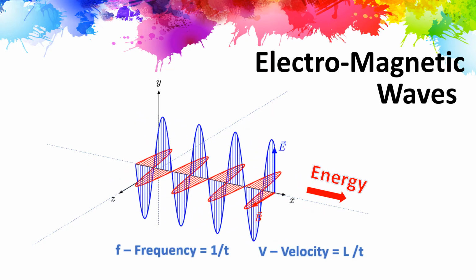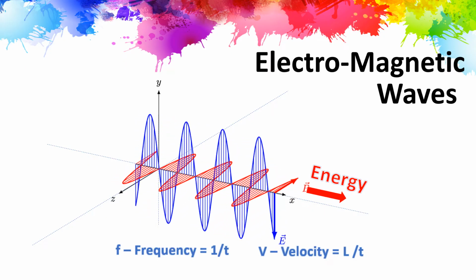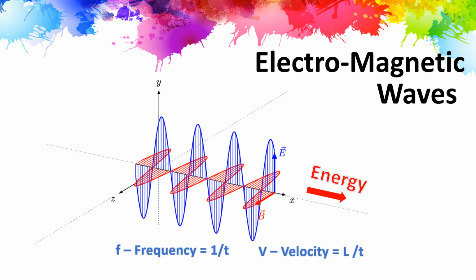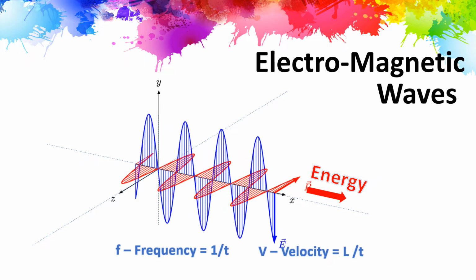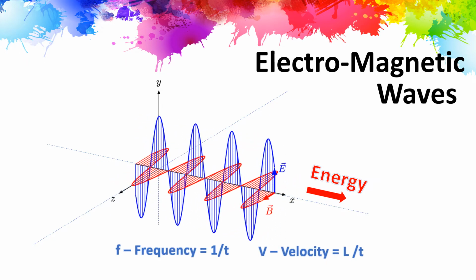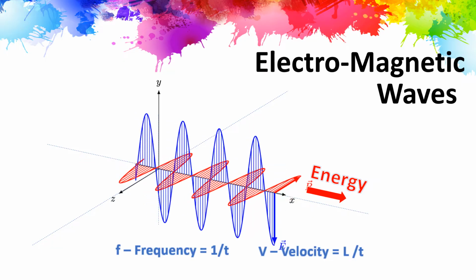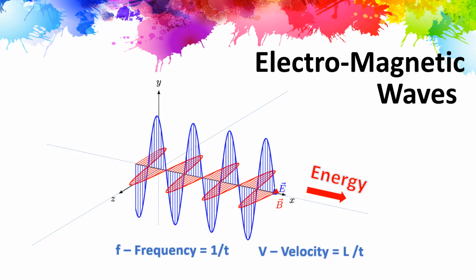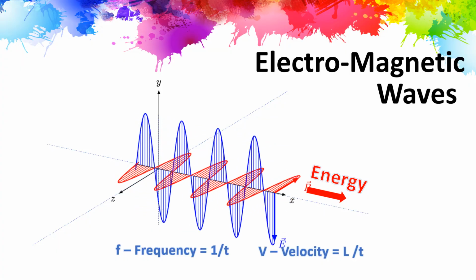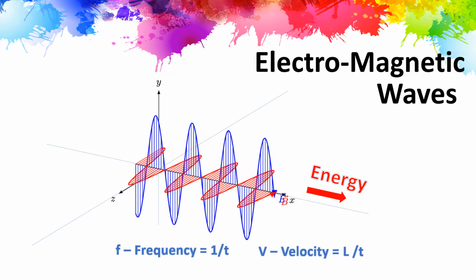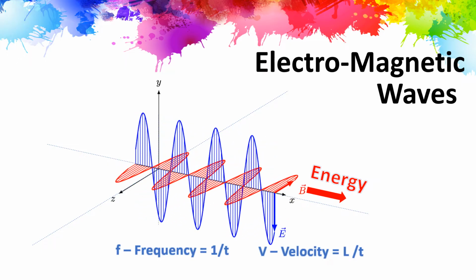But think about it, it is also a wave, like a water wave. In a water wave, water molecules move and transfer energy from one direction to another. In electromagnetic waves, there is also a movement. That movement is the electric field and the magnetic field.